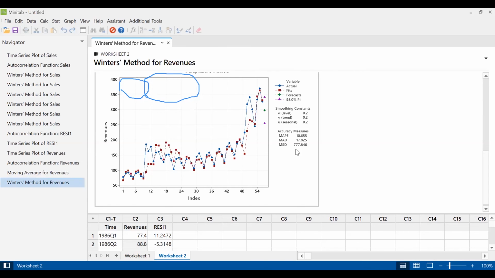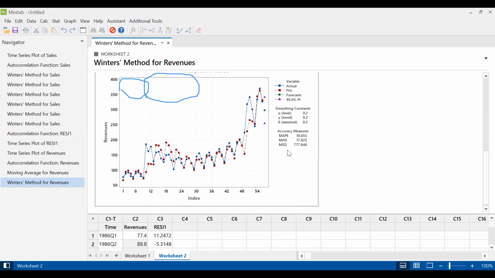In terms of your work, you may ask, so how many times do I need to try? I don't want to give you a specific number and say you have to try 10 times. But as a minimum, this is my expectation. The default levels, 0.2, 0.2, 0.2, rarely is the best option. So I do want you to try to change alpha, gamma, and delta up and down a little bit to see if you can improve MSD.